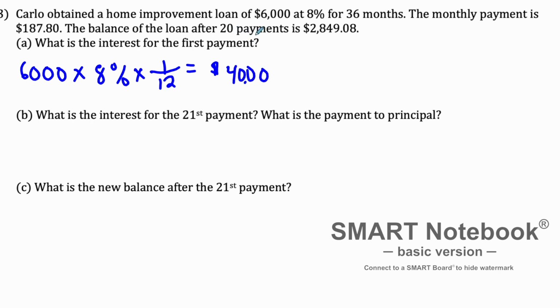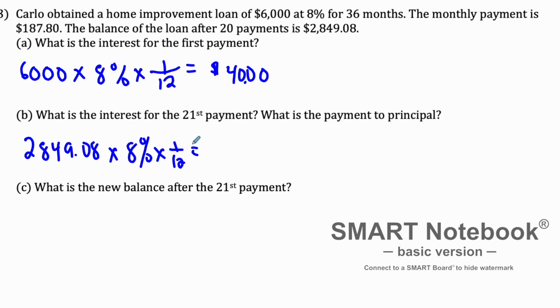Now, after 20 payments, the principal amount is down to $2,849.08. And I want to know what is the interest for the 21st payment. So we're going to start with our new principal, $2,849.08. Same process, times 8% times 1/12.